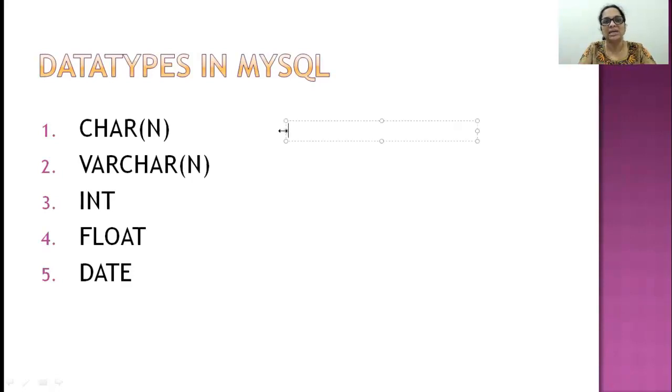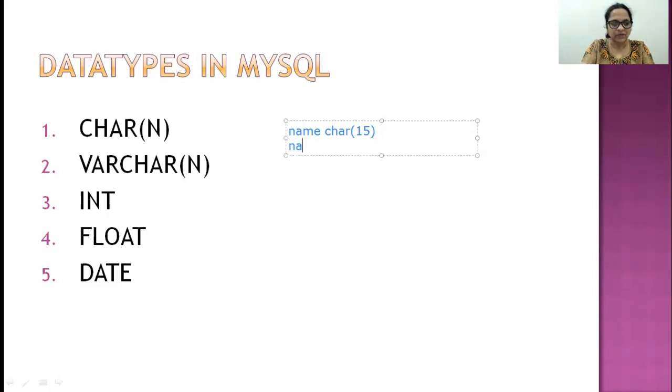Let's say while I'm creating a table, I write name and I write char in brackets 15. What does this mean? I have a column called name in my table, and the maximum number of characters that can appear in the name column is 15. That is what that n parameter means. So char(n) would mean name is a string and it can consist of a maximum of 15 characters.